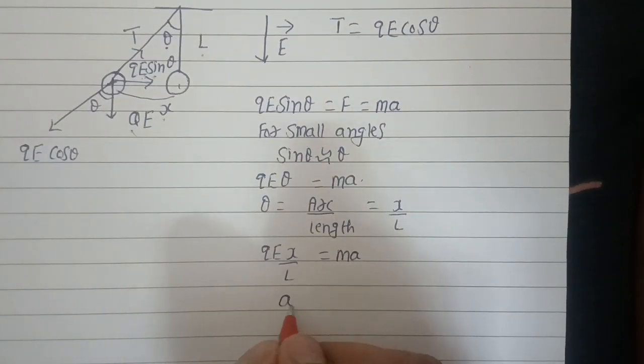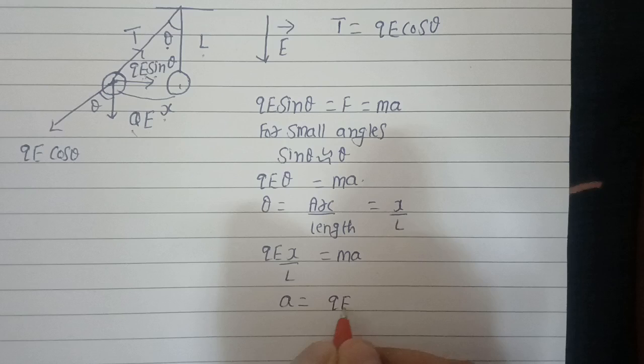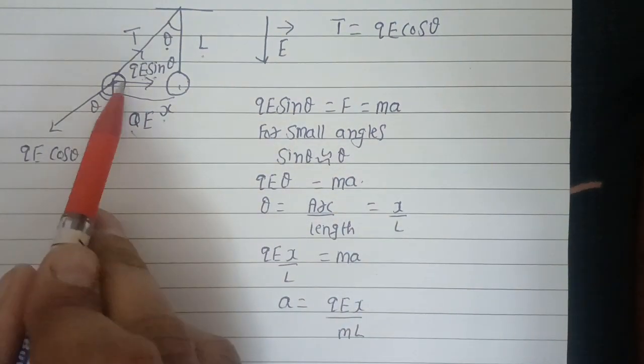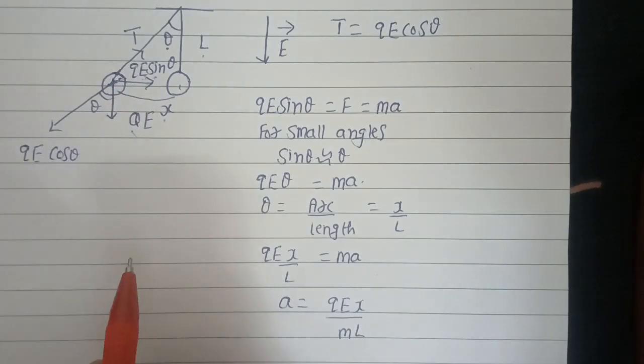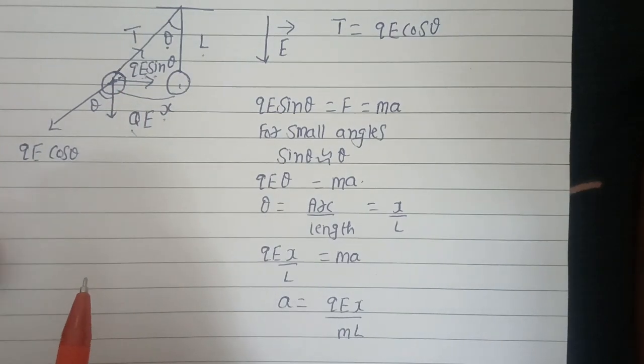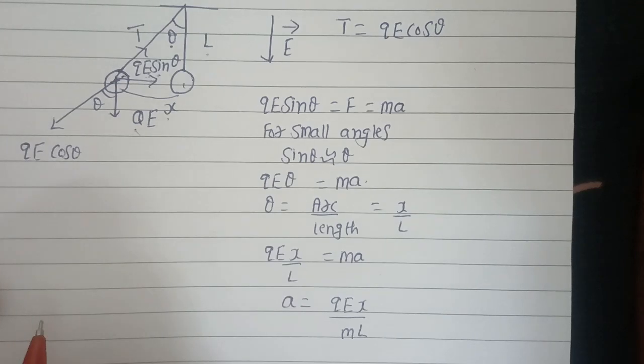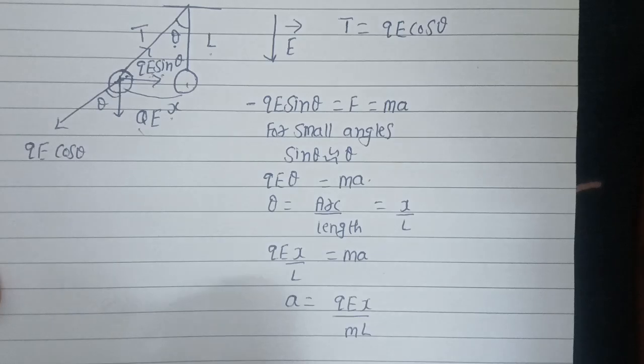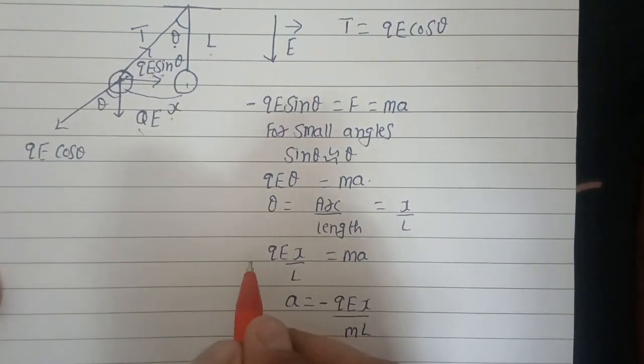So a is equal to QEx upon mL. Now this QE sin theta is in the backward direction, that is responsible for the restoring force. So here also comes the negative sign.